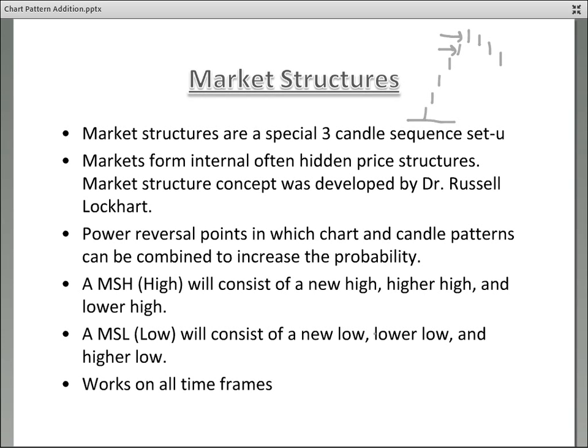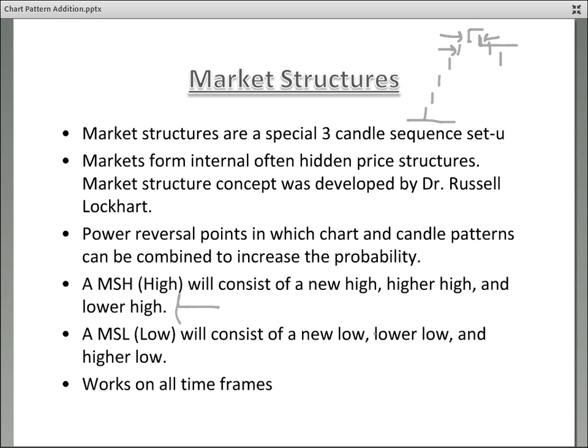Okay, and then you have the lower high. The reason why it's the lower high is because it has not touched higher than this price right here. At this point, when this candle closes, you get in once the price breaks below the low of that candle, a tick below the lower high.